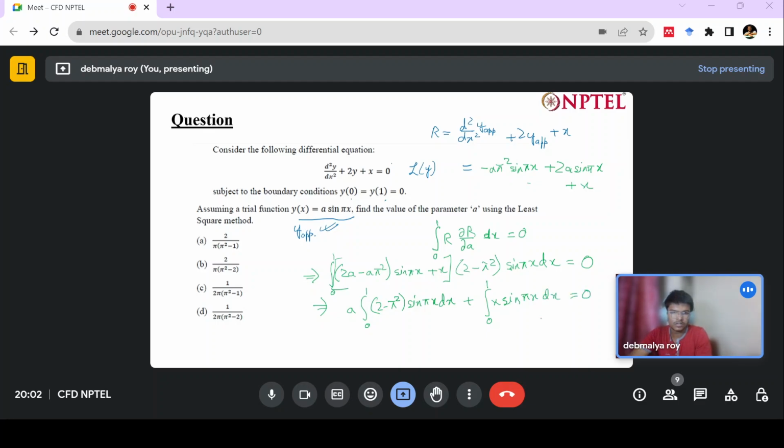You can use a calculator to find these values. I think these can be calculated in a calculator, right? If someone has a calculator lying nearby, please share the value.